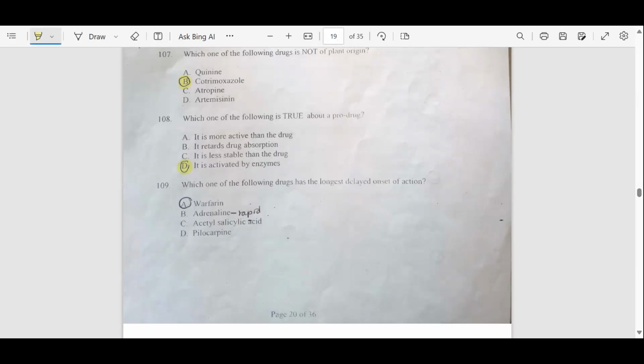Aspirin is converted to salicylic acid, that's why it is metabolized, and that's why it causes GI disturbances. It's converted to salicylic acid in the stomach.